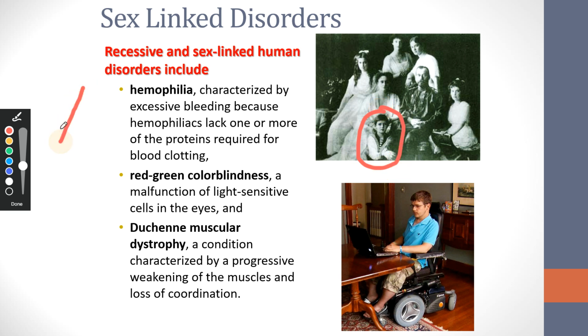Victoria herself did not have hemophilia, so you could say maybe her genotype was X big H for not hemophilia, X little h for hemophilia. So she was a carrier, but she did not herself have it because she had that dominant trait to mask it.